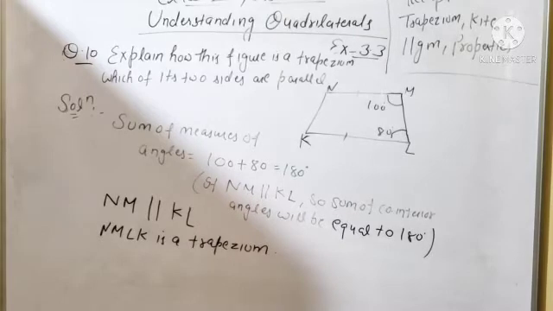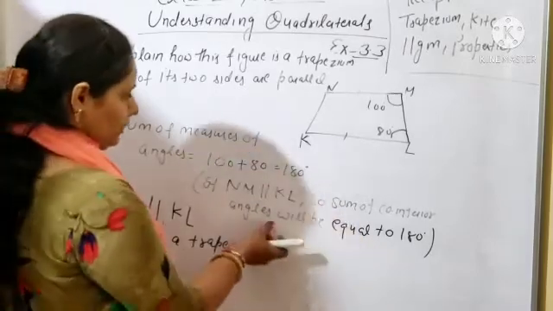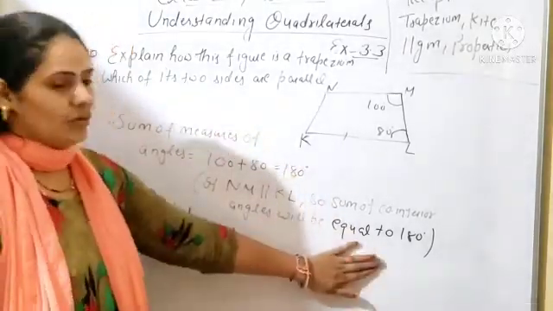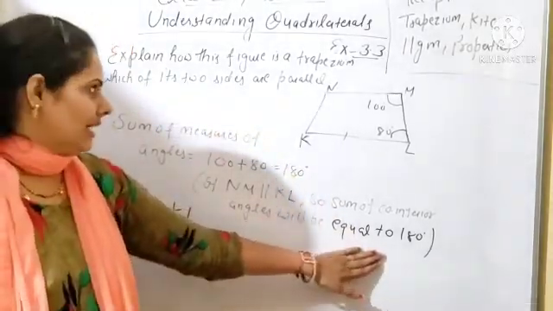Clear beta? So first you have to check how this one will be a trapezium and which of its two sides are parallel. So I have told you the property. You will use the property when two sides are parallel and one is the transversal line. So one side of the transversal line and interior angles sum is equal to 180. So you can give these type of angles the name co-interior angles, and sum of co-interior angle will be always equal to 180 degree.